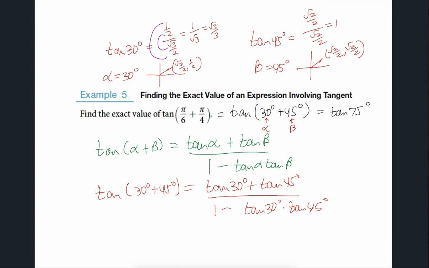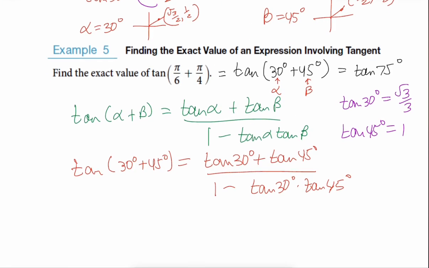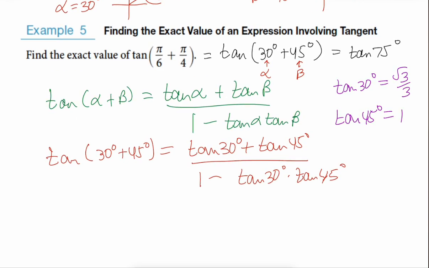All I've done initially is put the alphas and betas, the 30s and 45s, in their appropriate locations. Every place we see the tangent of 30, we're going to put radical 3 over 3. Every place that we see the tangent of 45, we get to put a 1. So 1s are a little nicer for tangents. The 45s are nice for tangents. So let's plot those in.